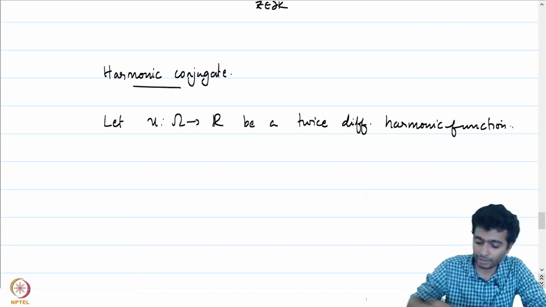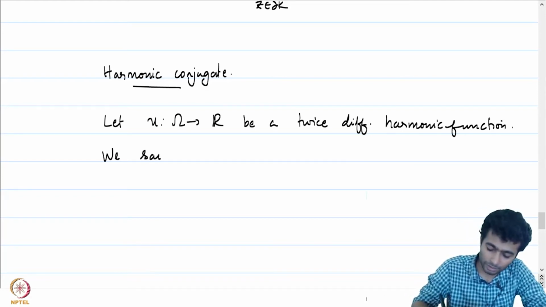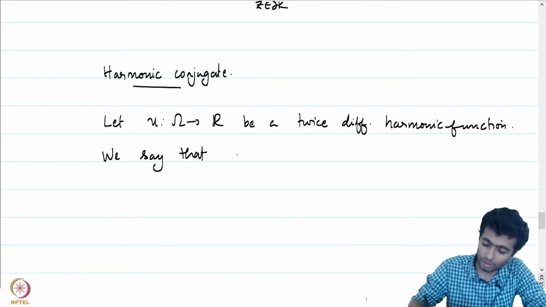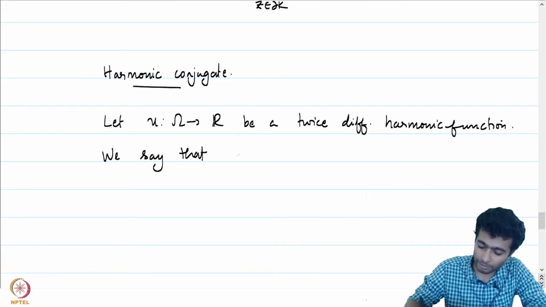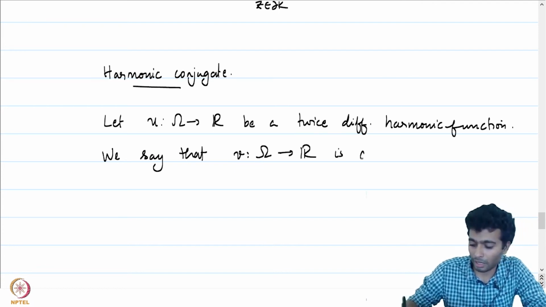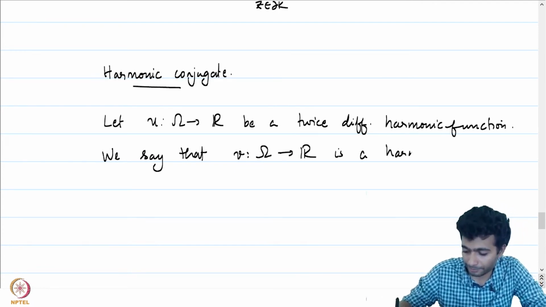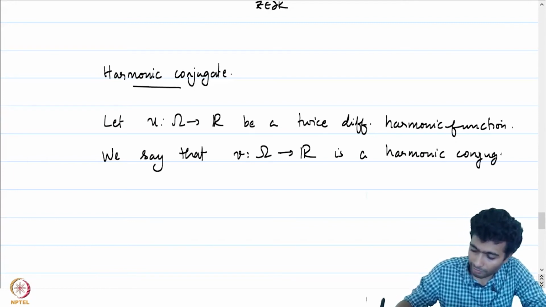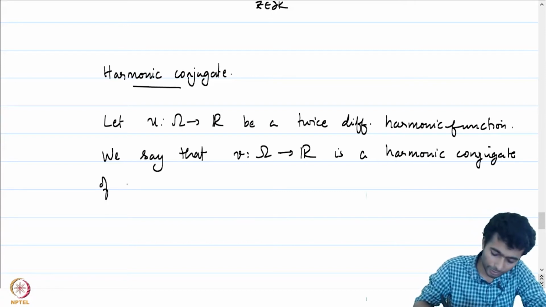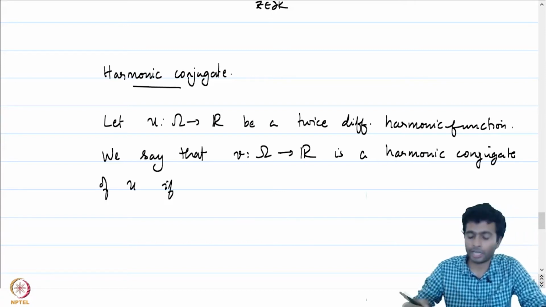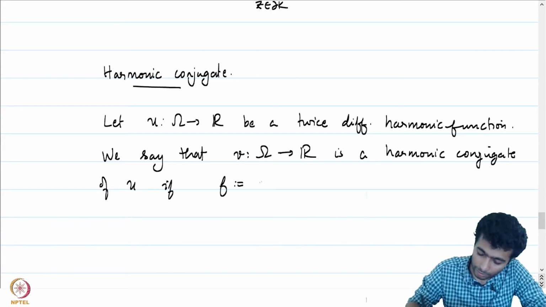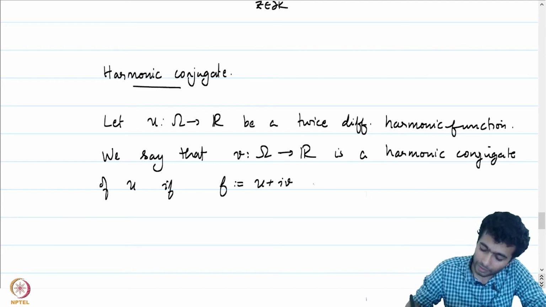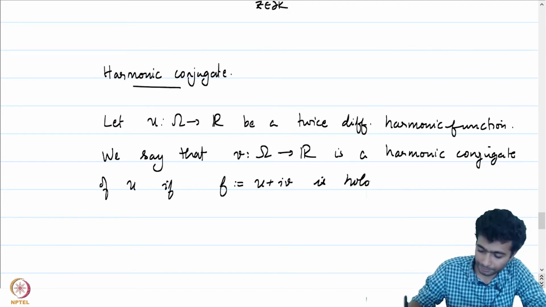We say that v from omega into R is a harmonic conjugate of u if the function f defined to be u plus iv is holomorphic.